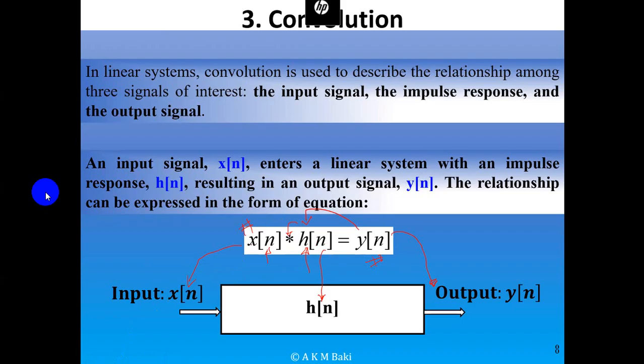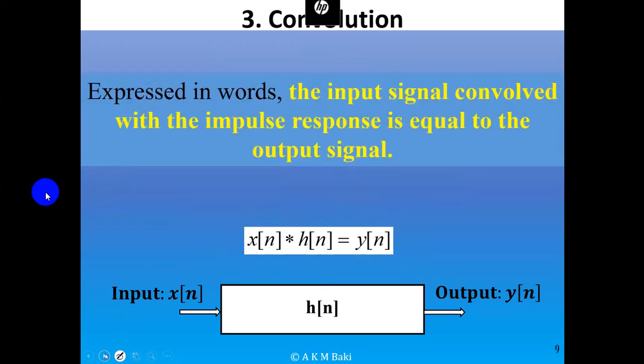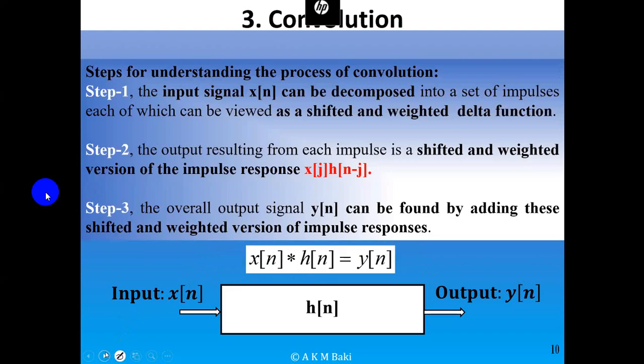This equation or this relation can be represented in a different way, which is called convolution sum. Now, how to find the output from this convolution? It can be discussed step by step.